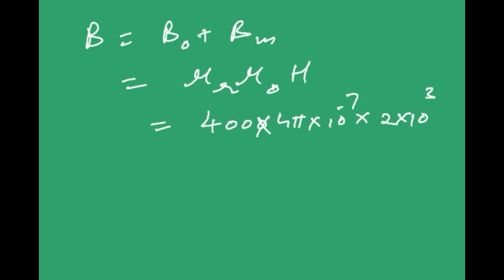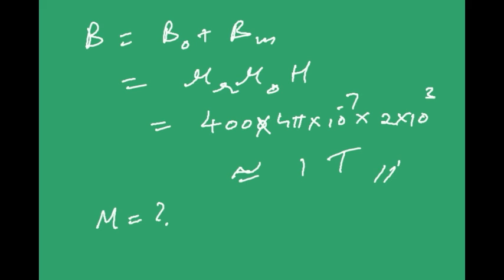So 4 4 16, 16 to 32, 32 pi is roughly 100, and so B is approximately equal to 1 Tesla.